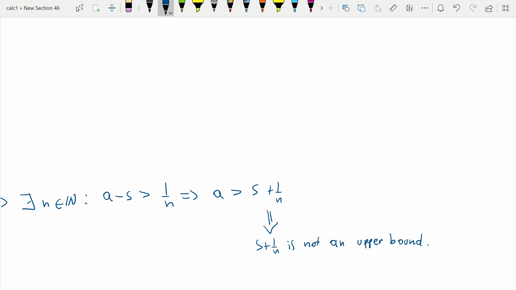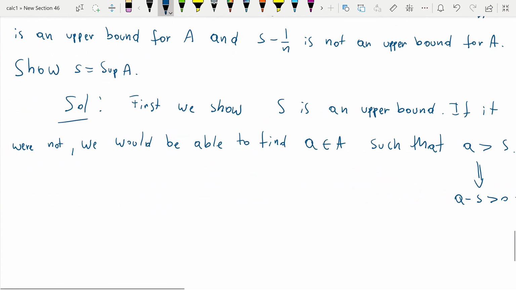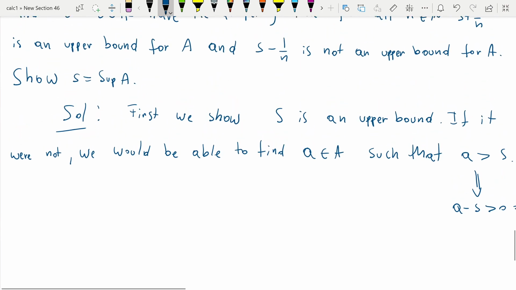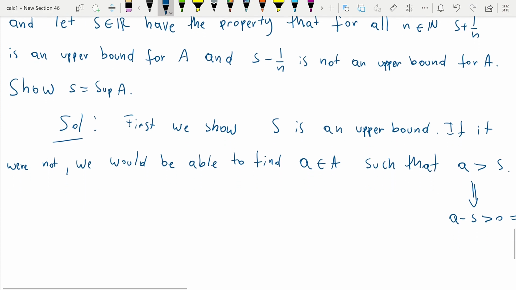Remember, P implies Q; now you're showing not Q implies not P. What is P? For every n, S plus 1 over n is an upper bound. The negation of that is there exists an n such that S plus 1 over n is not an upper bound. This is what we're showing here. So that shows that S is an upper bound. The next step is to show that it is the least upper bound. For that, we'll use the characterization.